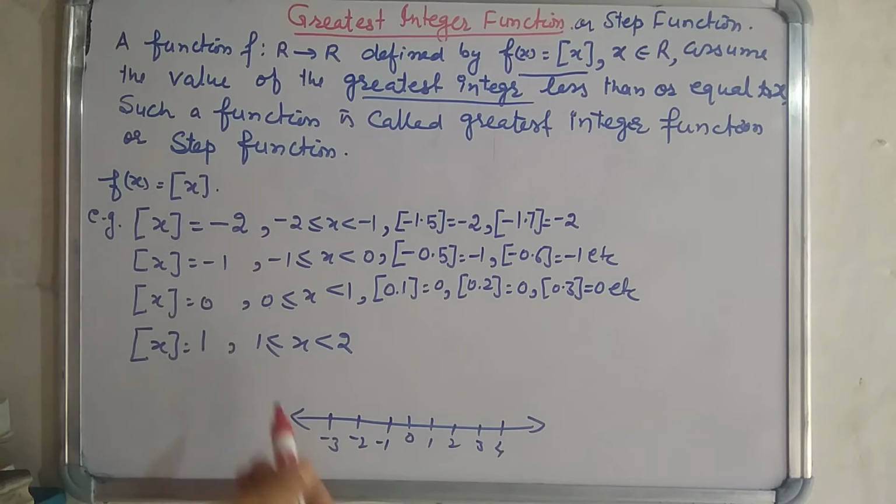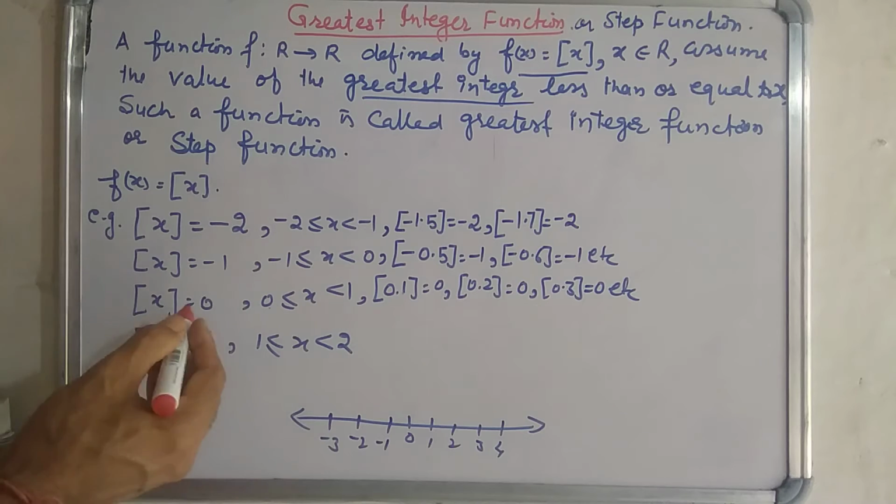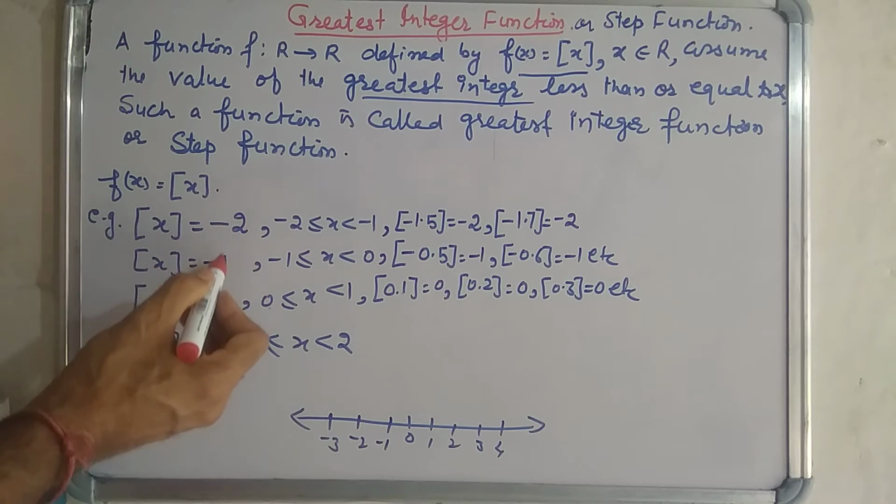From minus 3 to minus 2 the value is minus 3, from minus 2 to minus 1 it is minus 2, and from minus 1 to less than 0 it is minus 1, and so on.